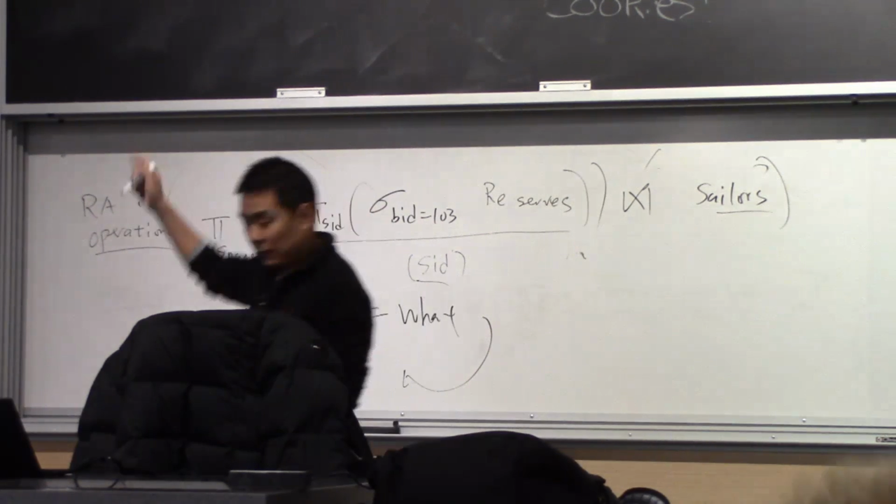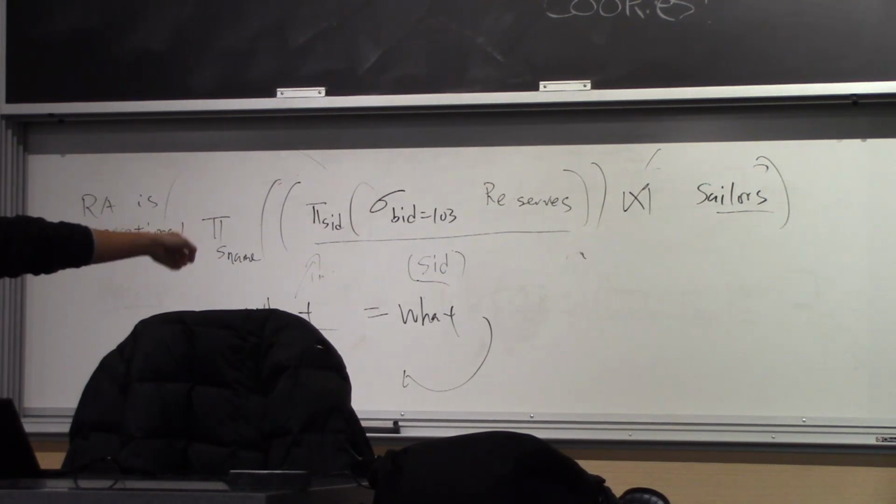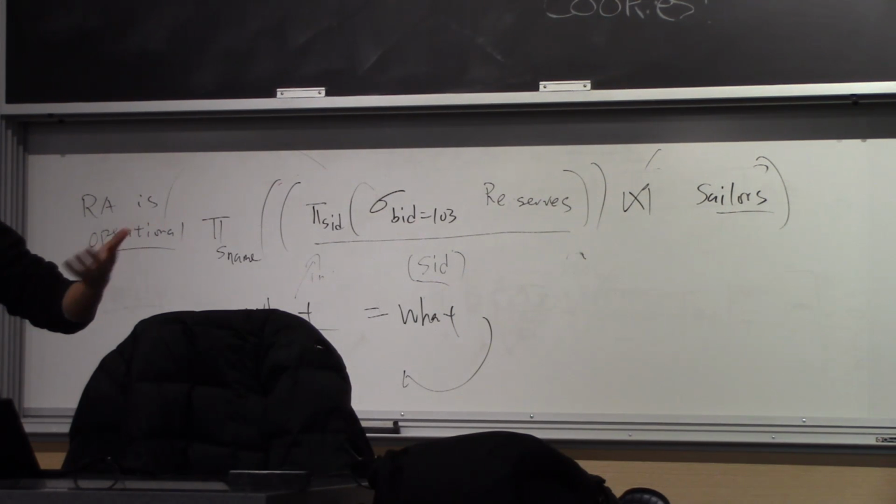In the first approach presented on this particular slide, you do the natural join first, then you do the selection, then you do the projection. Whereas in the second approach, you do the selection first, then you do the projection, then you do the natural join, and then you do another projection.